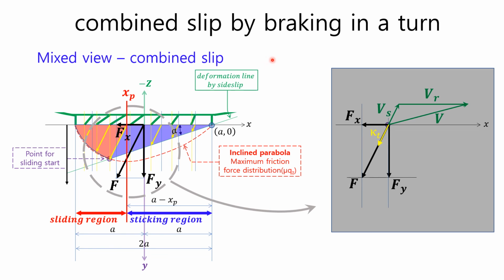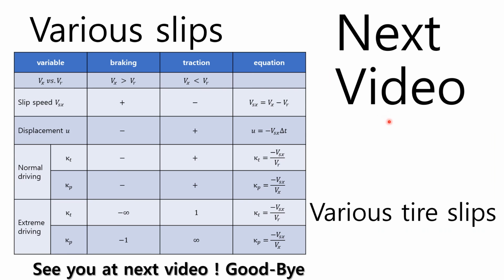Recently, in the video number H55, I explained how to calculate the lateral force and the self-aligning moment caused by combined slip with a tire brush model, and showed the process of deriving the related equations. In the next video, I will explain various tire slips and their applications.